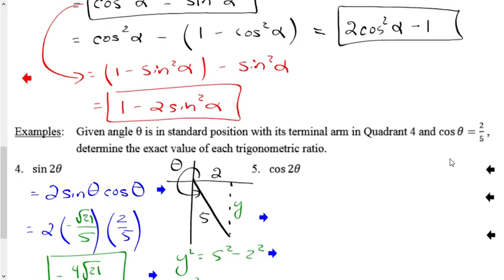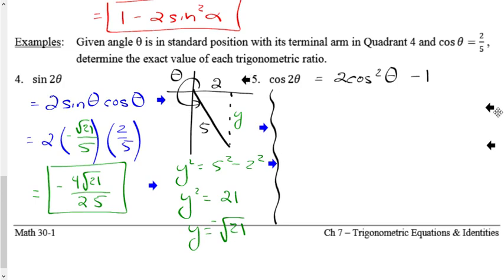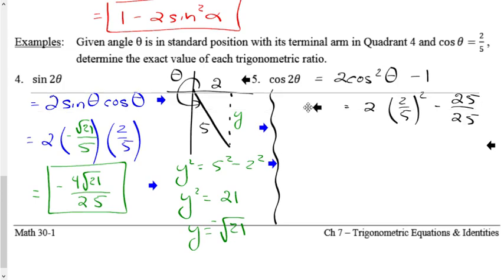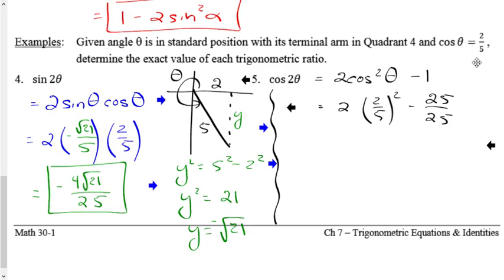So I'm going to use that identity. 2 cosine squared theta minus 1 is equal to cosine of 2 theta. And then I can just plug in the value that I was given at the beginning, where cosine theta is 2/5. So I'll have 2/5 being squared.